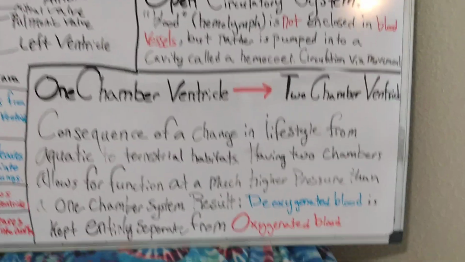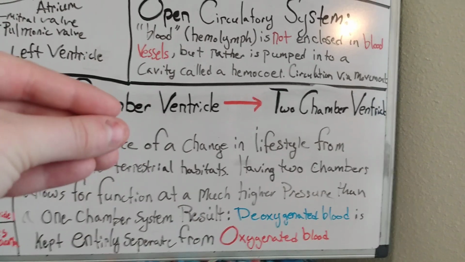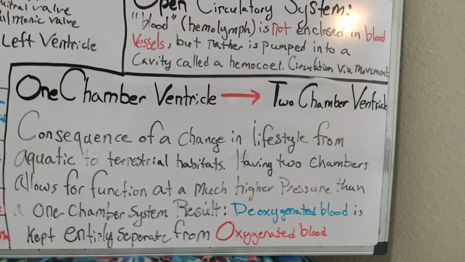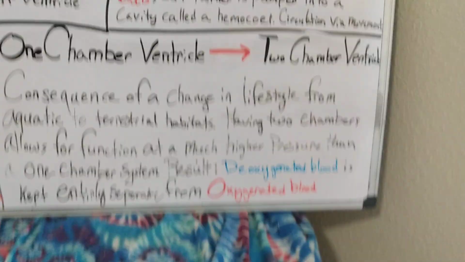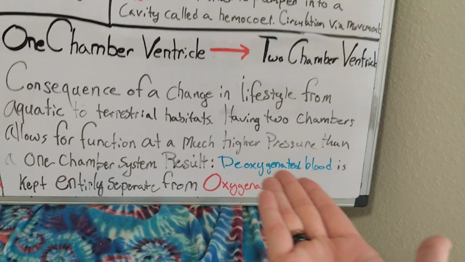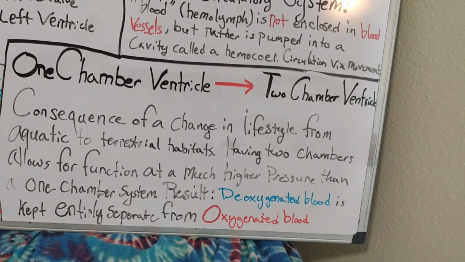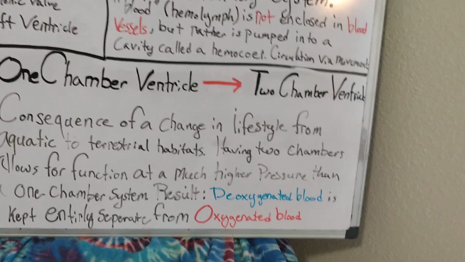Now let's talk briefly about this evolutionary shift. So when you have a heart, okay, or a system which has a one-chamber ventricle, right? That is not going to have a distinction between deoxygenated blood, which has already been circulated through the body, and oxygenated blood, which has just had oxygen added back into it, okay?